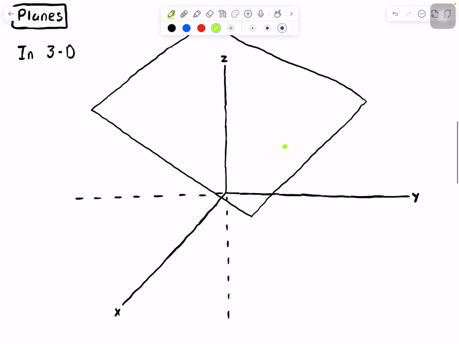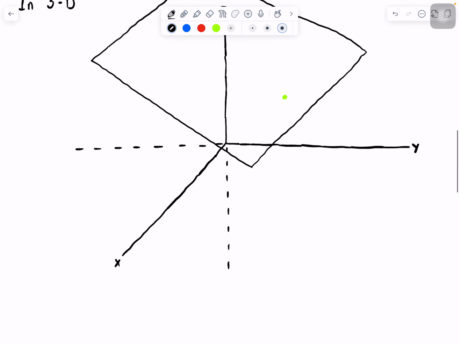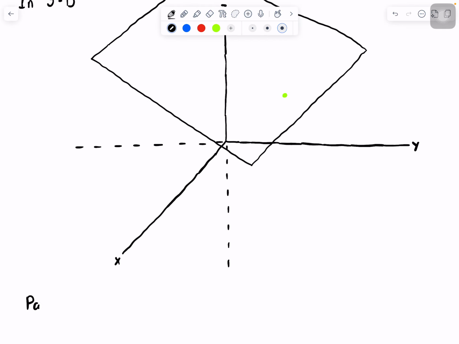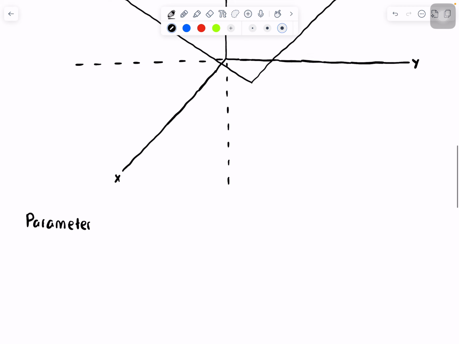So the parameters I need to talk about a plane are 2 of these directions and 1 point.